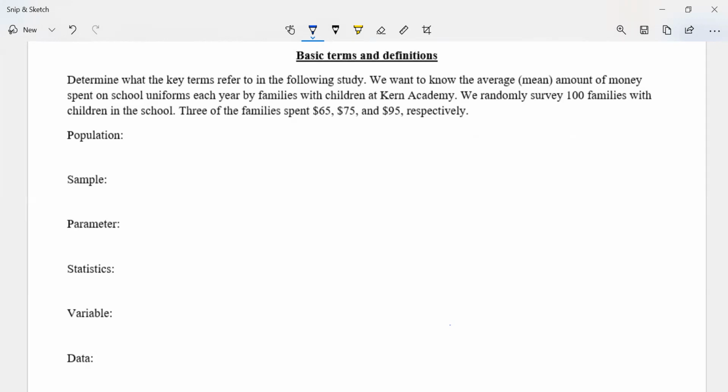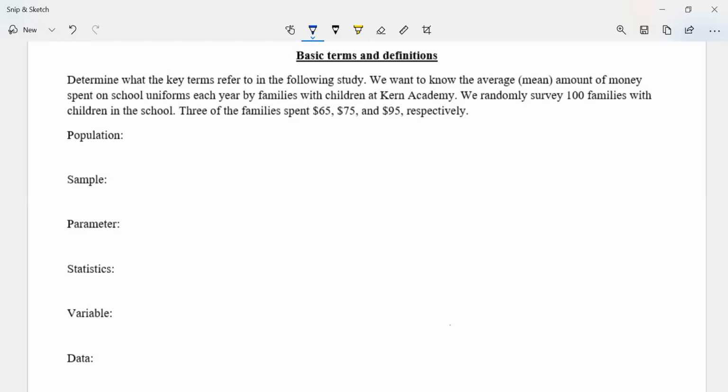Some of you might be like, Mr. Leonzo, I don't see $100 here in the example. Remember, data is the answers that I expect to get. Here, there's only 3 samples. But remember, I surveyed 100 families. So could somebody say $100? Yeah, of course. Could somebody say, I only spent $50 on uniforms? Yeah, of course. Data is what answers do I expect?